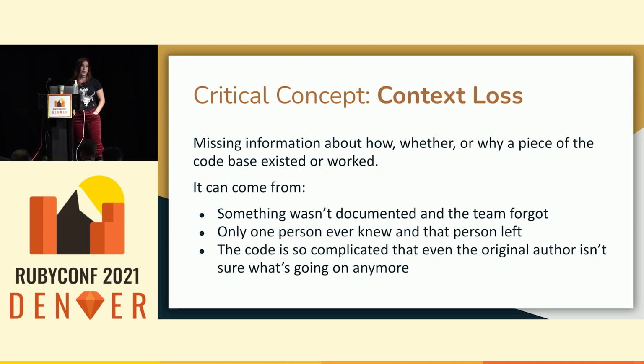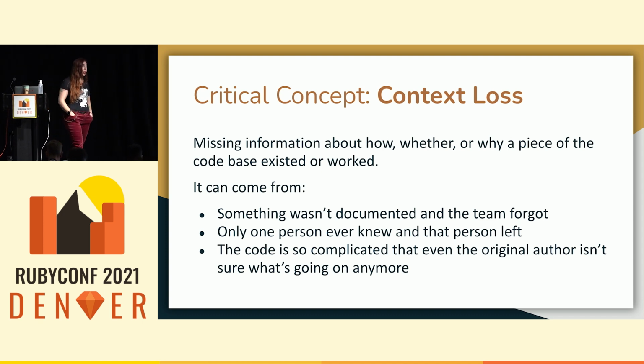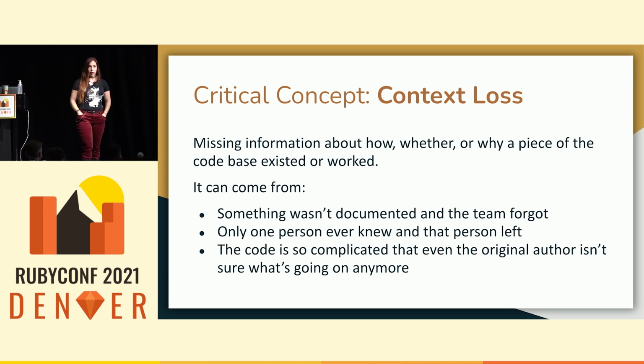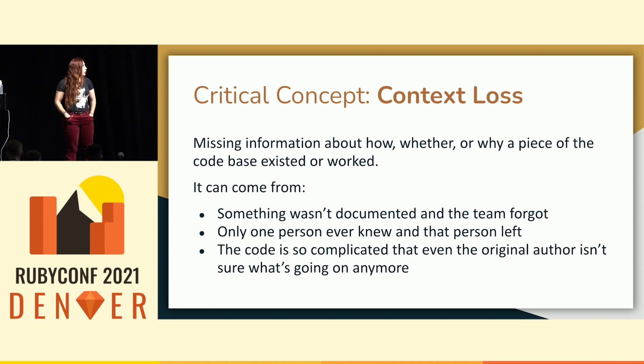The other concept that you need to know when defining technical debt the way I do is context loss. Context loss is a lot of the reason that we end up doing this work. Very frequently, when I've gotten into code bases where I was told that there was a lot of technical debt, particularly earlier in my career, I would equate that with bad code and think it's very convoluted or something like that. Sometimes I was even told that that's the way it was.